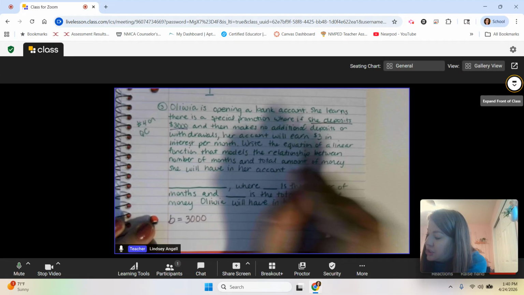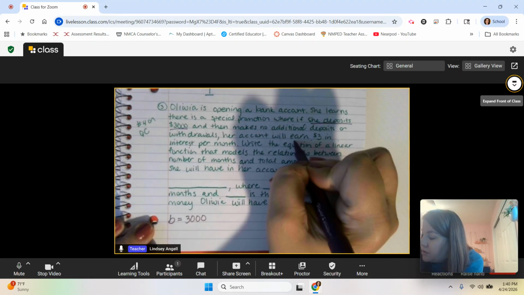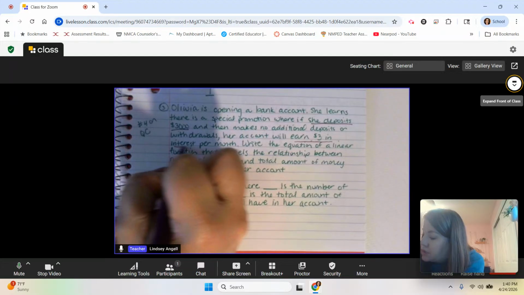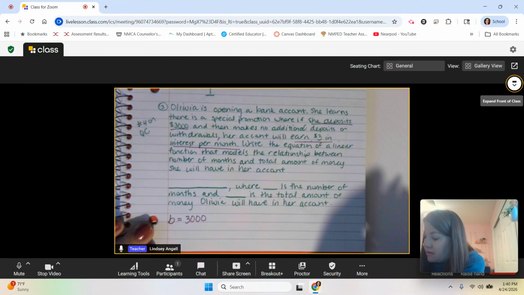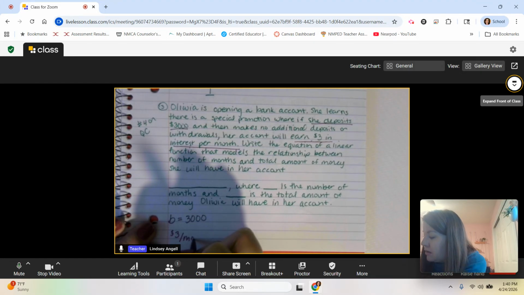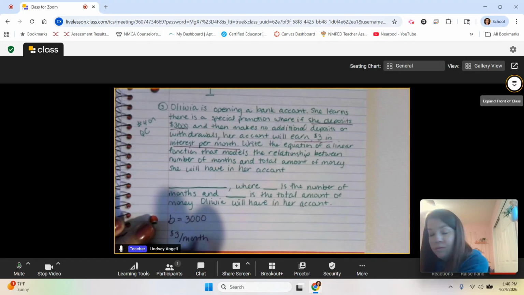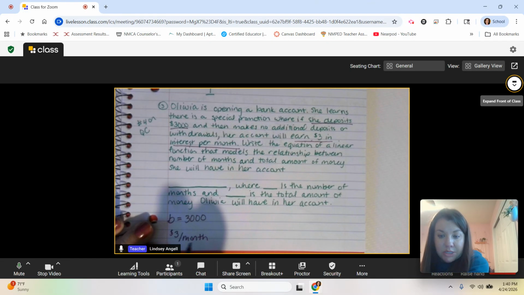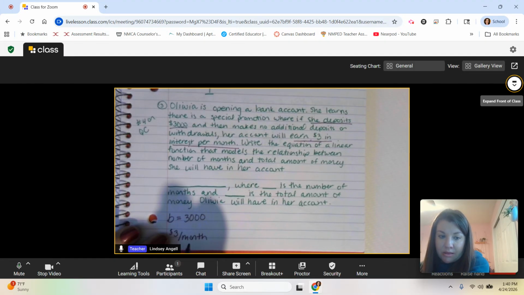Then it says that she will earn $3 in interest per month, okay? Per month. So $3 per month. That's our rate of change, right? That's how much it's changing each month, all right?